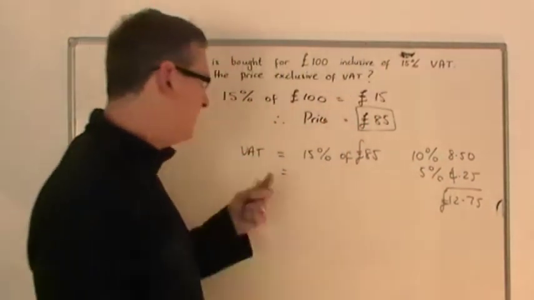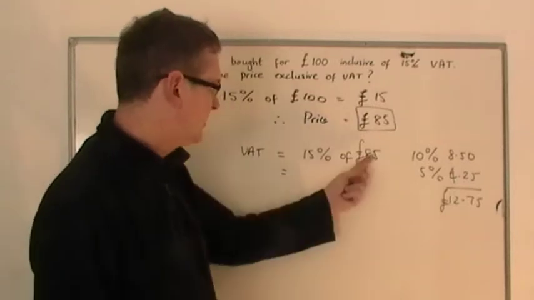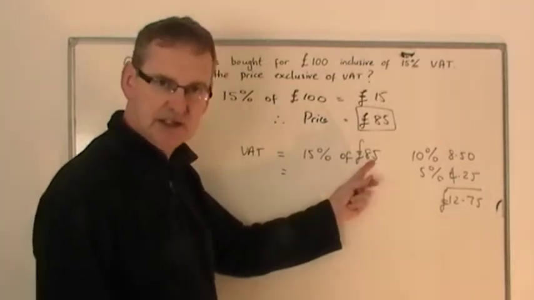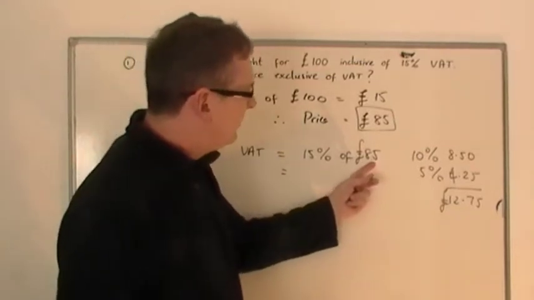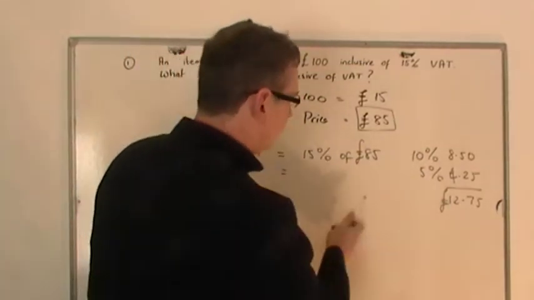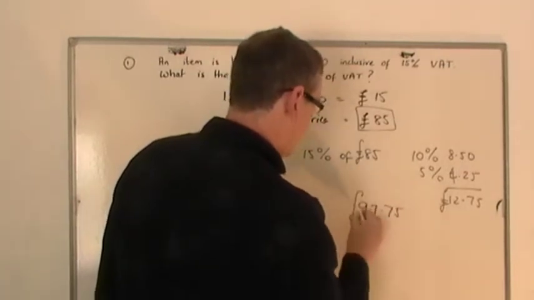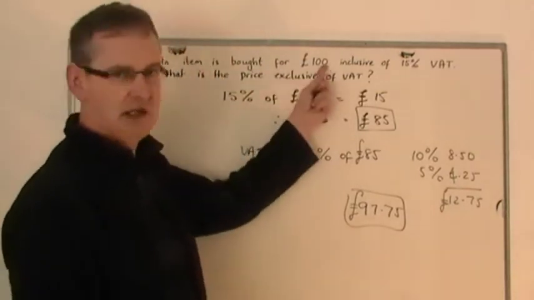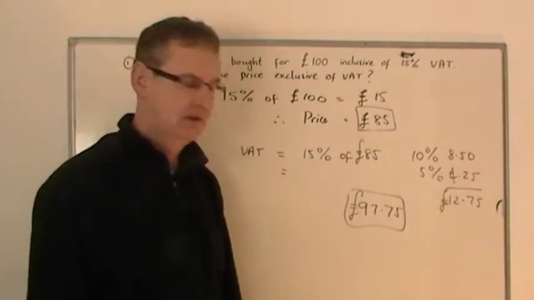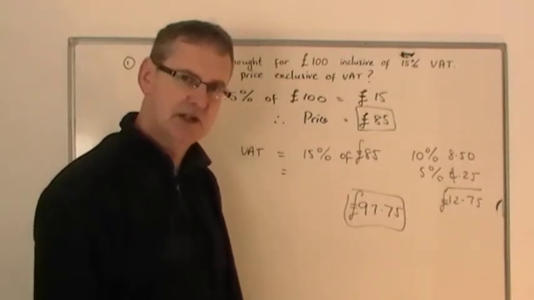So if the original item that the shopkeeper wants to sell is £85, and that's the price without VAT, then the VAT would be £12.75, so add the two together and you're going to get £97.75 as the price ticket on the item. Well, the item was actually £100, not £97.75.